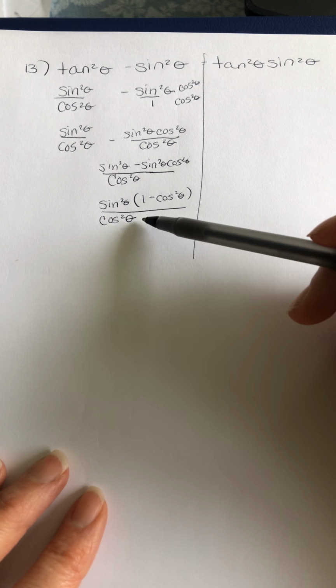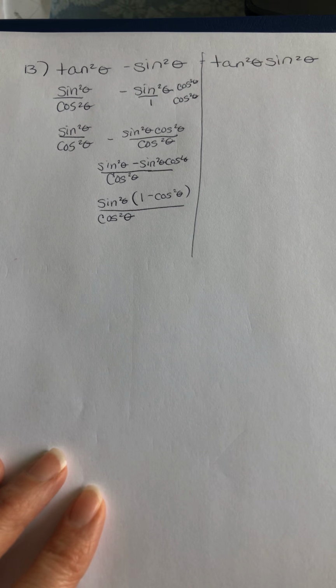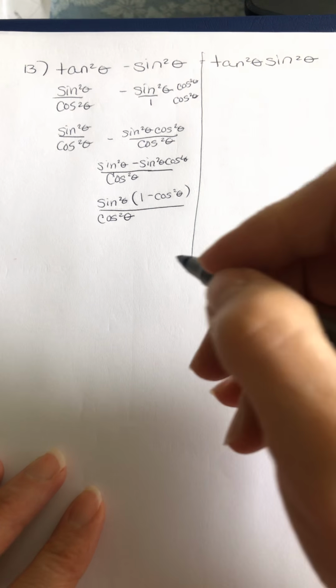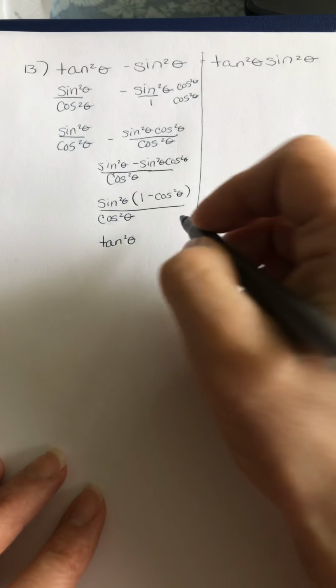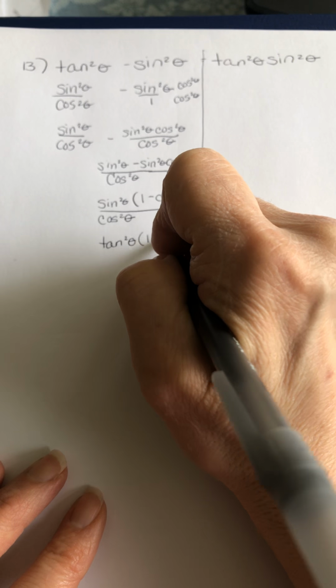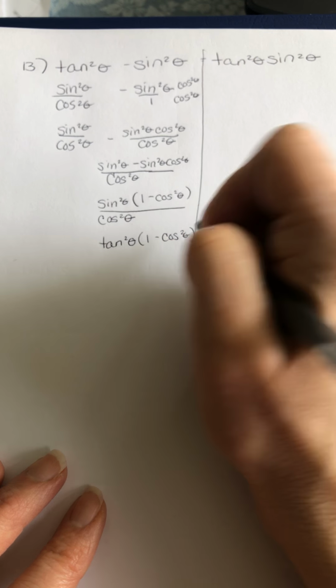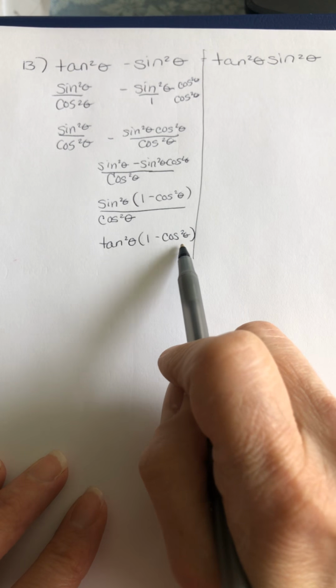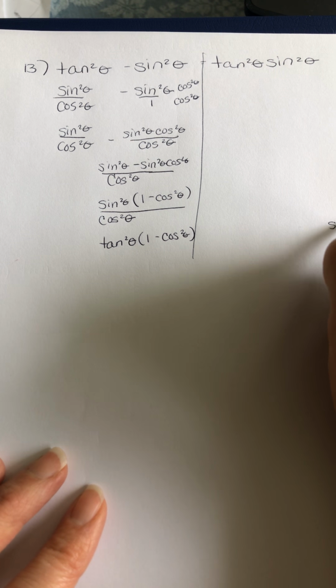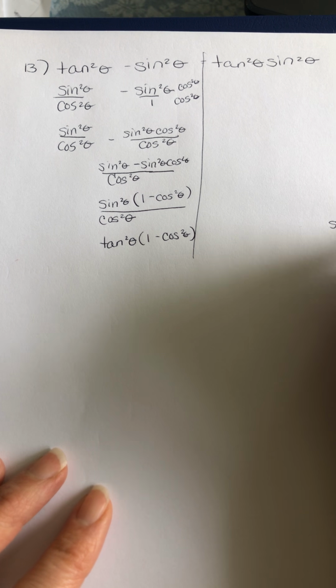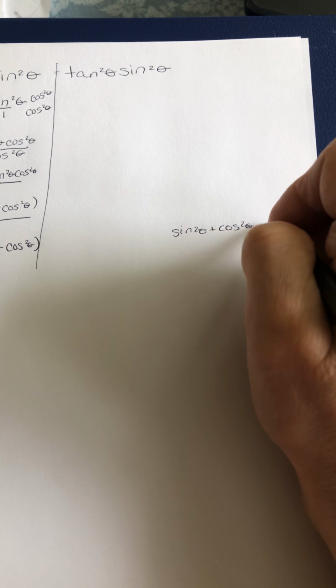What do we know about sine squared theta divided by cosine squared theta? Hopefully you remember that that is equivalent to tangent squared theta, and now we have our 1 minus cosine squared theta. Looking at this, this is kind of like your Pythagorean identity, sine squared theta plus cosine squared theta equals 1.